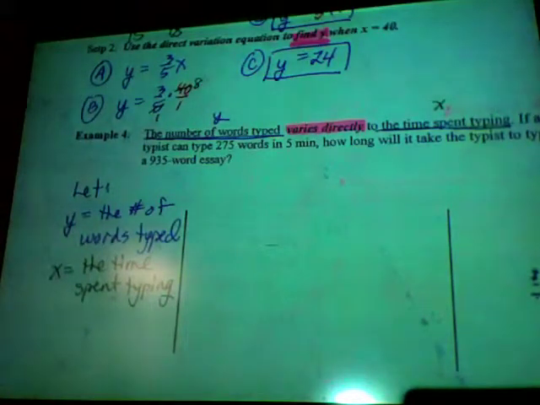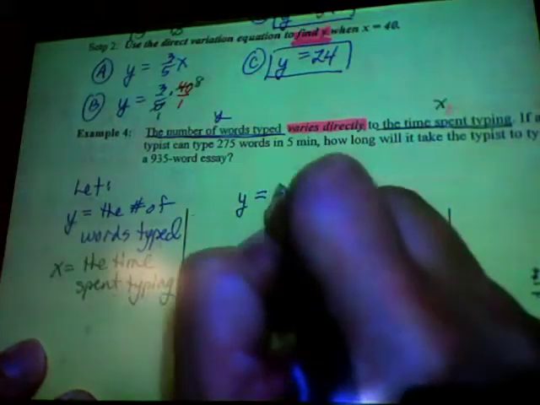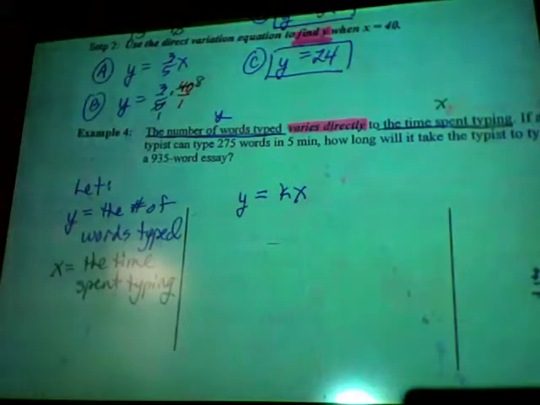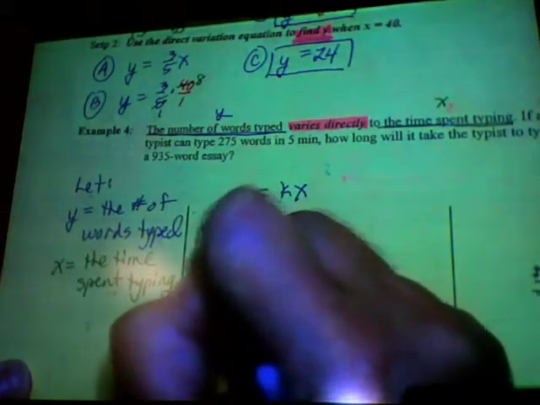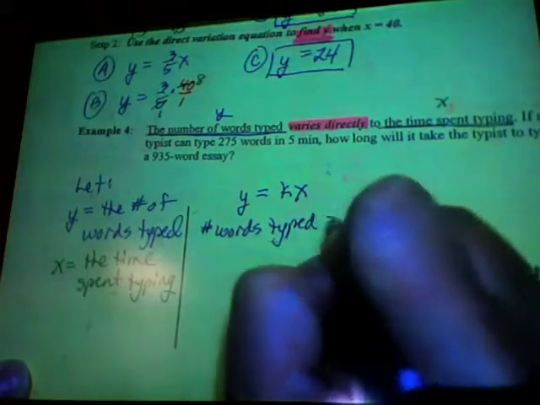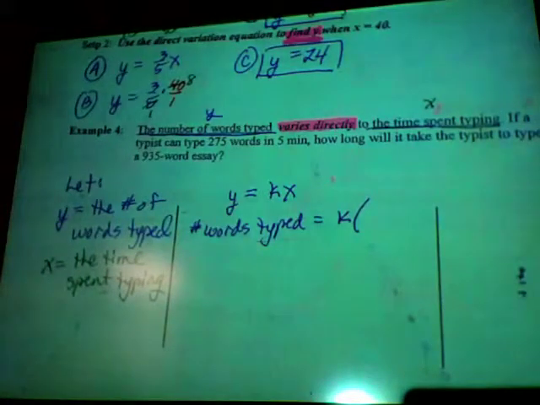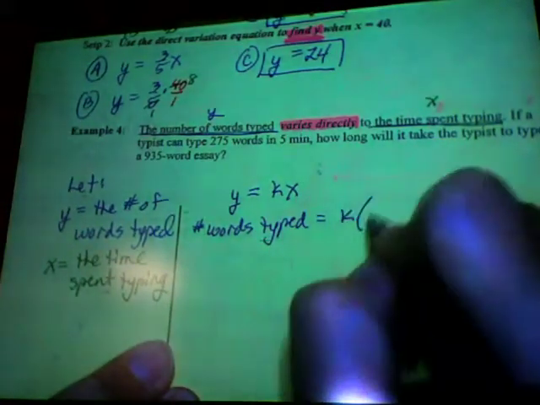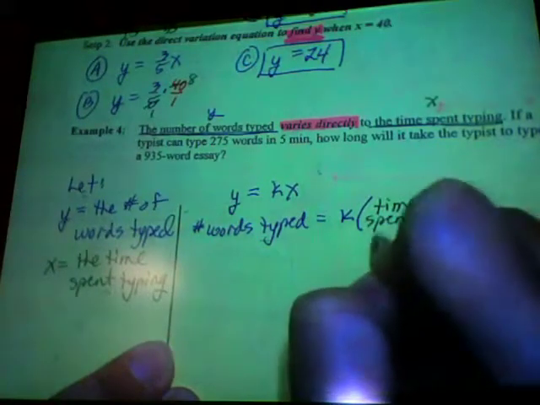And remember, since they use something varies directly as something, you should start with y equals kx. Or in this case, you want to use words: number of words typed equals k, that constant of variation, times our x, time spent typing.